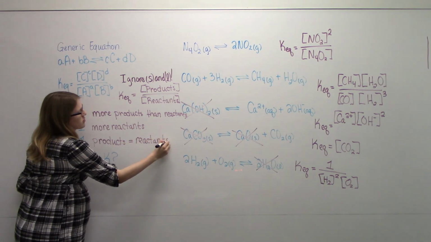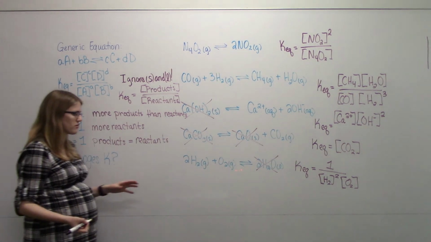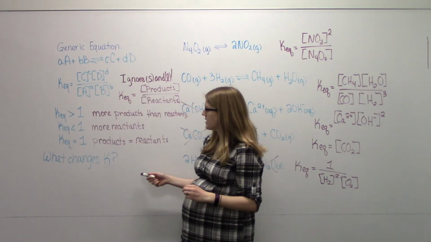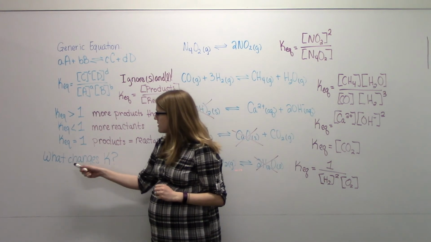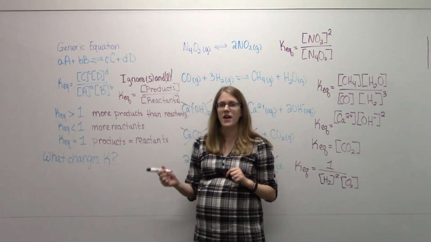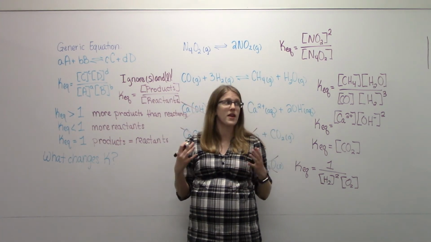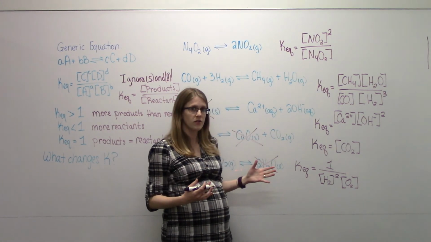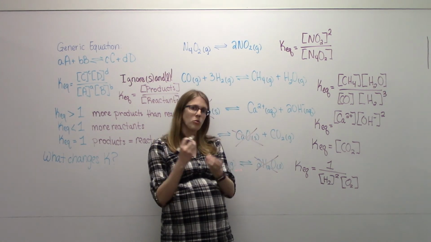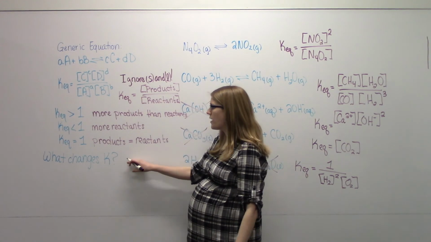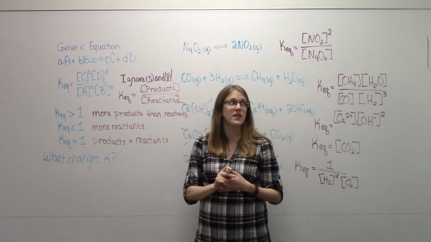So I've got one more question here, and you saw this in your notes, but I wanted to emphasize it in my video as well. What changes K? I told you K is a constant for any reversible reaction at equilibrium, equal rates. So what changes K? There are certain things you can change to this.